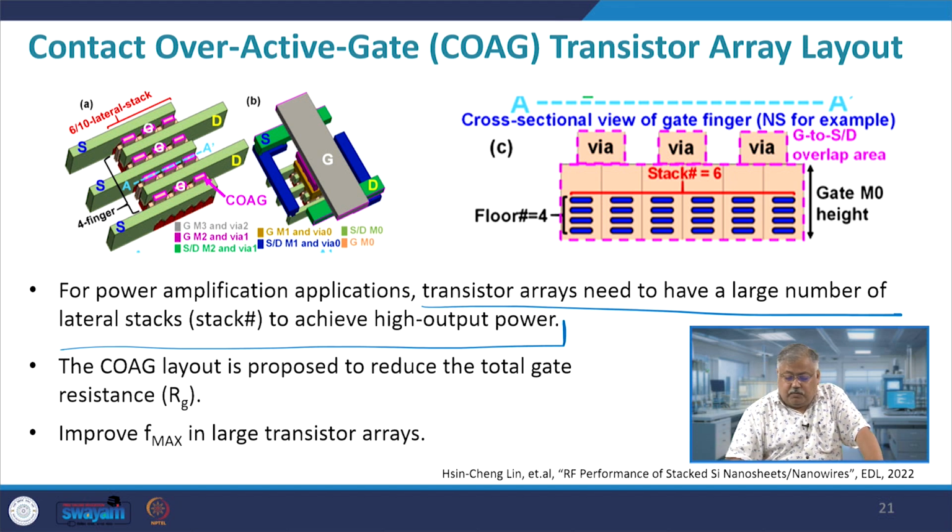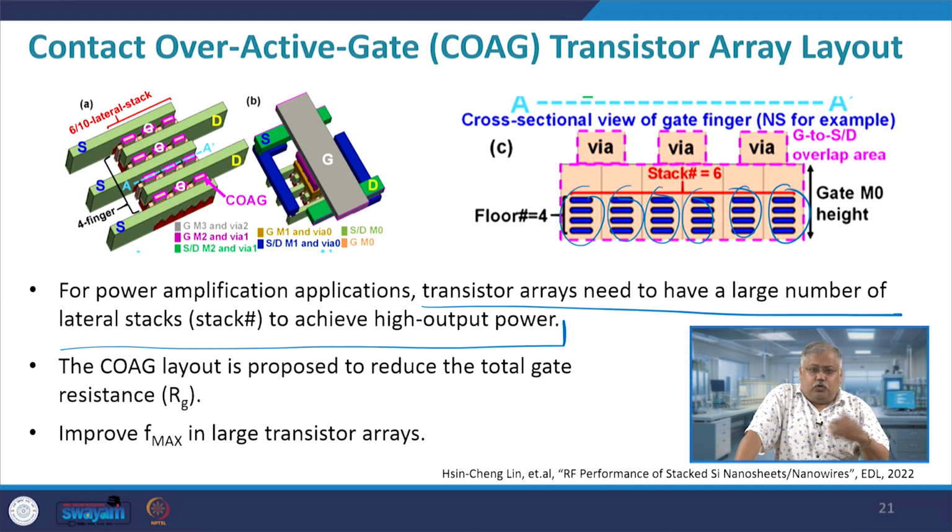So, what you do, you make the lateral stacking, 6 lateral stacks are there, and there are 4 vertical stacks available too. So, there are 4 floors, 1, 2, 3, 4 floors, and we say there are 6 stacks. So, there are a total of 24 sheets available to us, right, and these 24 sheets primarily run the current, and higher power amplification can happen if you use a larger number of sheets in this case.